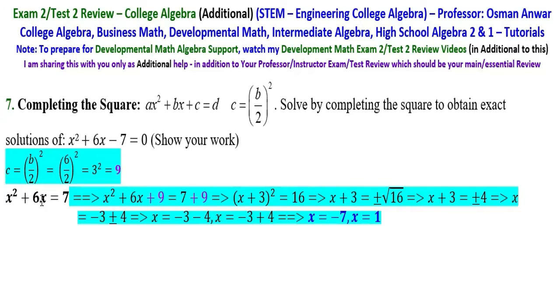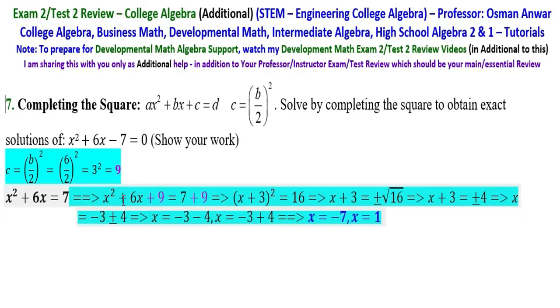So c equals b over 2 all squared. b is 6, so that's 6 over 2 squared, 6 over 2 is 3. That is 3 squared equals 9. Then x squared plus 6x equals 7. To complete the square, add 9 to both sides.